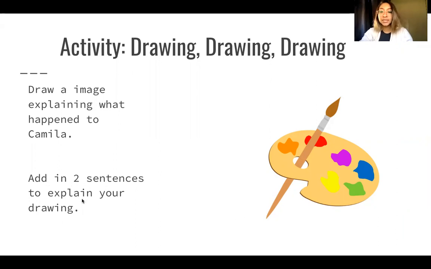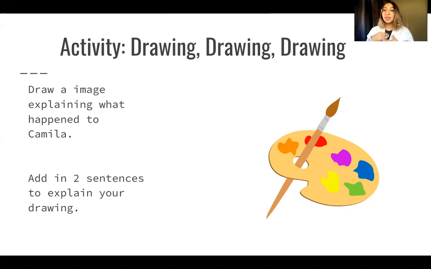Add 2 sentences to explain your drawing. So today, instead, before we read, we're gonna guess by what we saw what happened to Camila, and you're gonna tell me using your words and your images why you think that happened to her. So you can be right or wrong. This is just us guessing from what we saw, what's going to happen, or explaining why you think that happened.